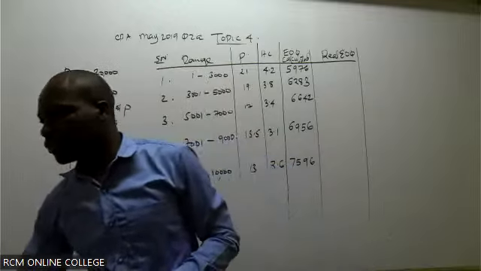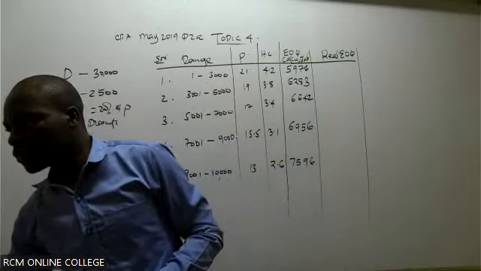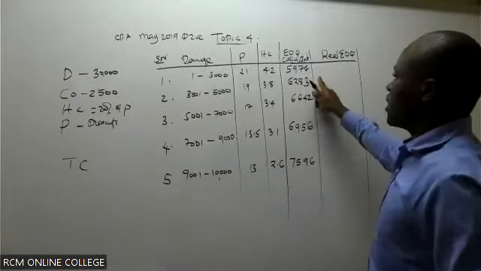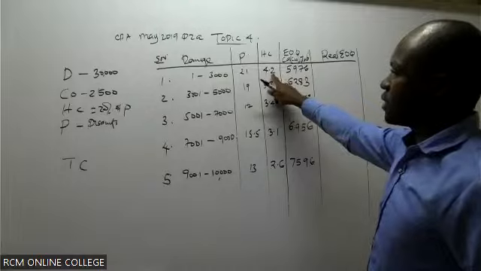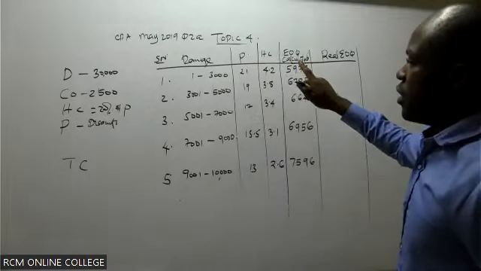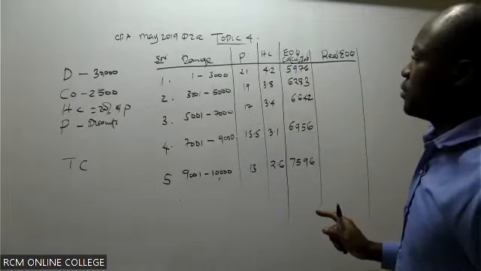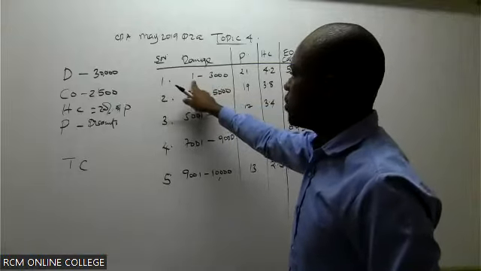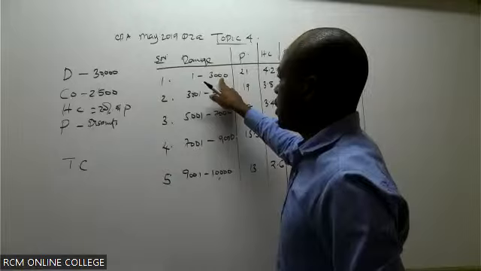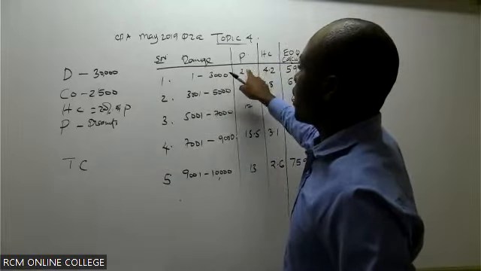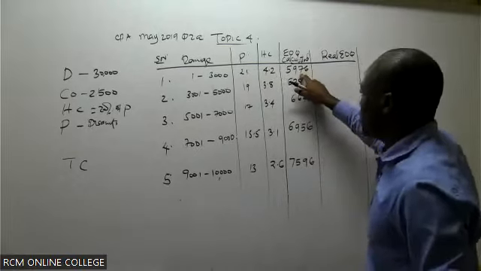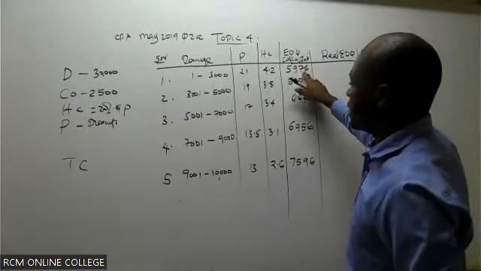Good. Now, if you come to our question here, the first part, if you purchase goods that is ranging from 1 to 3,000, then your purchase price will be 21, and economic order quantity is 59.76.